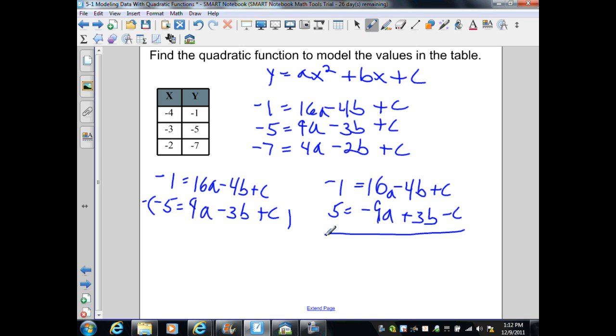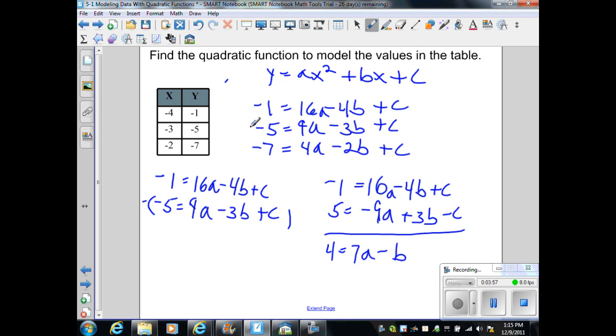When I add these together, that's going to give me a 4 equals 16a minus 9a is 7a, minus b, and the c's eliminate. So now I have an equation with 2 unknowns.